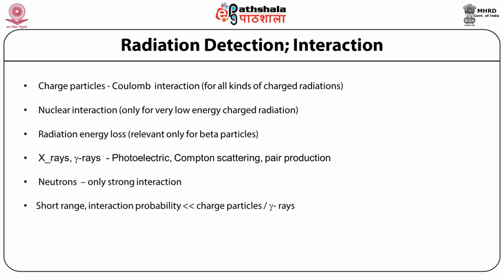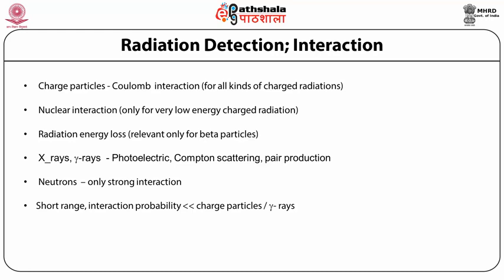So neutrons interact with the material medium through strong interaction, and they are detected by having a reaction with the material medium and the production of secondary radiation. Then the secondary radiation is detected. So neutron detection in the medium is through the detection of secondary radiation.